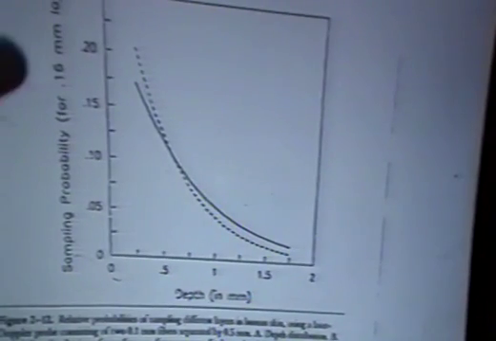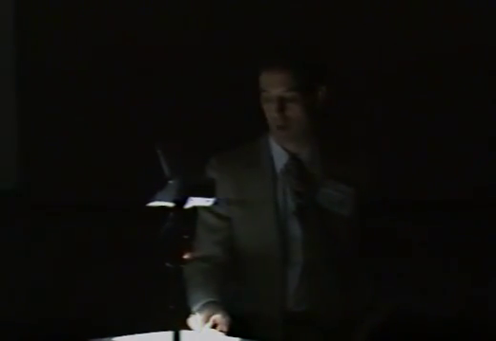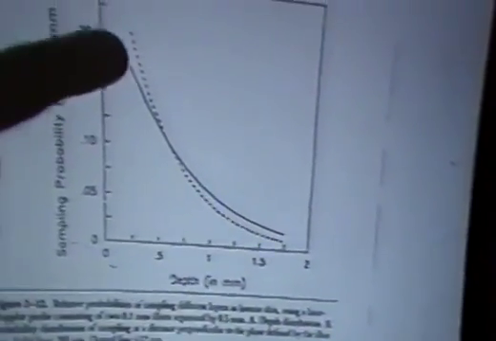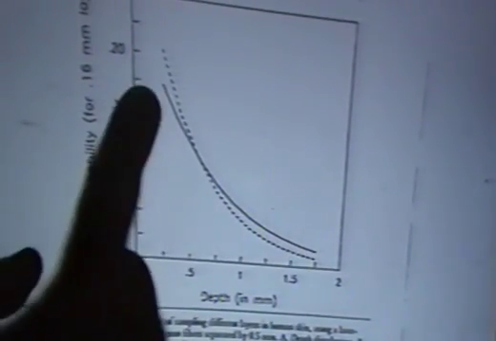In terms of the actual sample volume, the sample volume isn't precisely defined. It's probabilistic in terms of the distribution of photon paths in the tissue. So here, if we separate the fibers by 0.5 millimeter, which is a conventional geometry, and we're using relatively small fibers, say 50 to 100 micron core, the solid line is the sampling as a function of depth with the 785 nanometer.